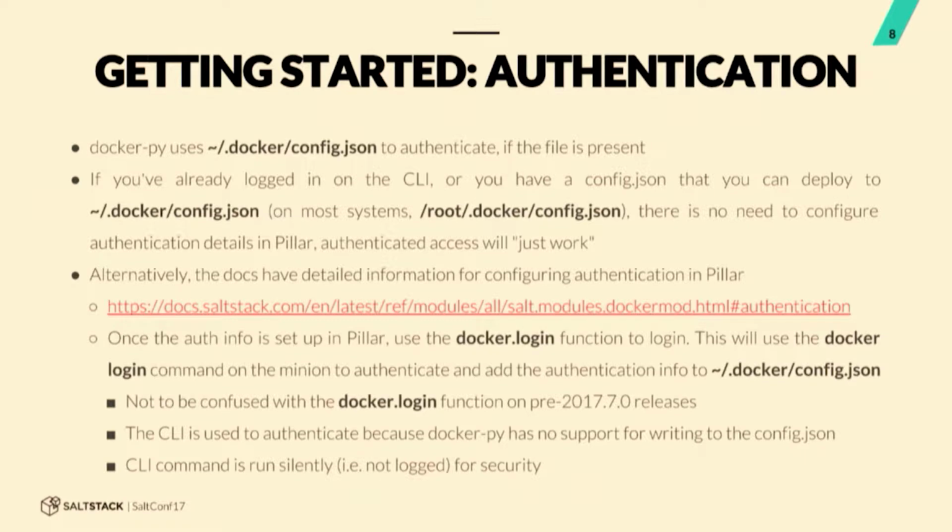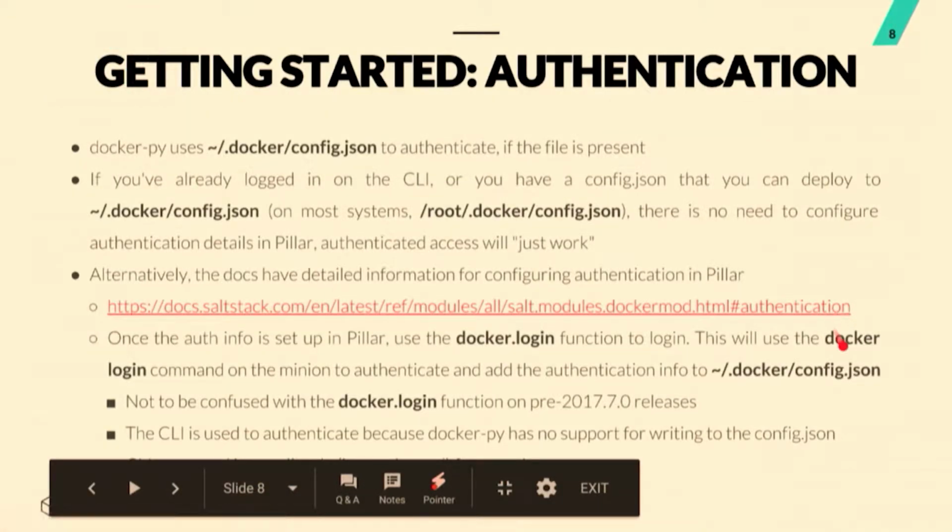So one way of configuring authentication is, if you have logged in on the CLI, you can save that config.json and deploy it with a file.managed, and you don't even have to keep your authentication in Pillar.